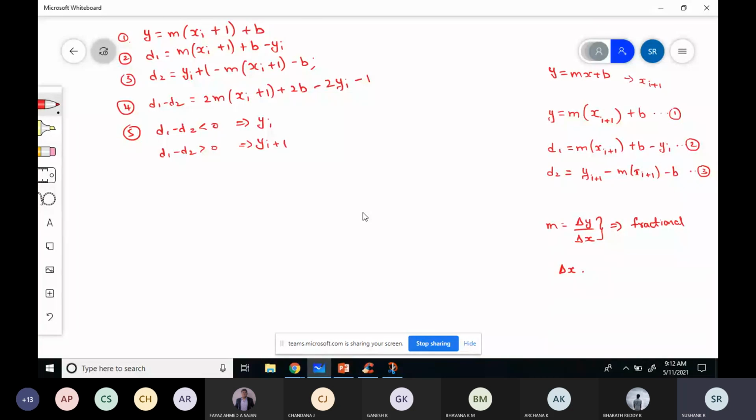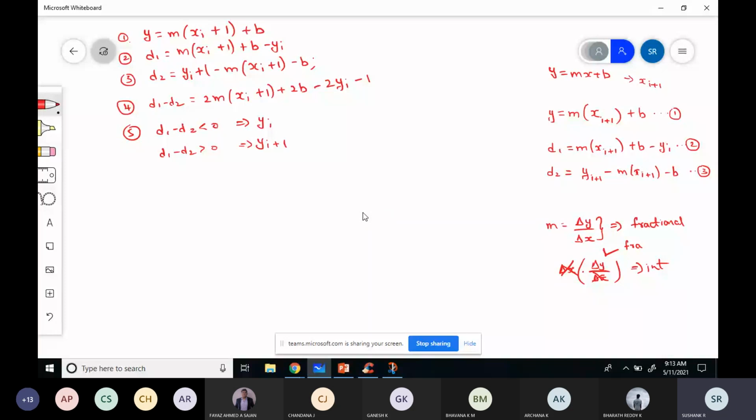If you multiply with delta x, you get delta x into delta y by delta x, so this and this get cancelled and it results in an integer value itself.